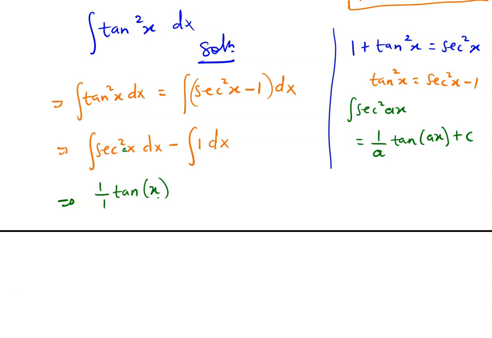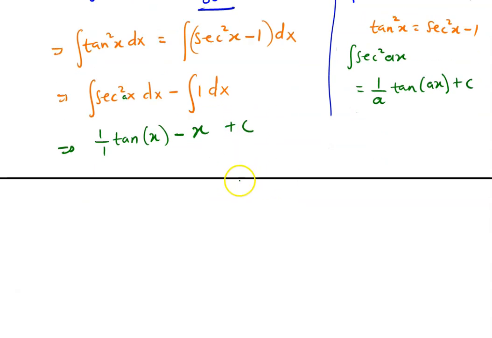So we've been able to integrate sec squared x. Then minus x, if you integrate 1 dx, we have plus c. So at the end of it all, we get tan x minus x plus c.